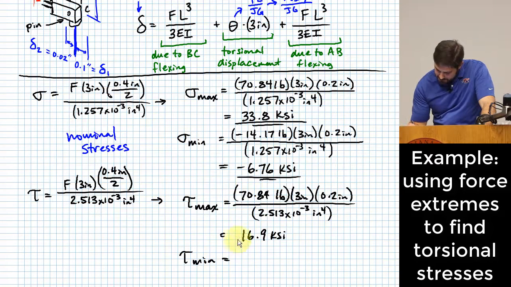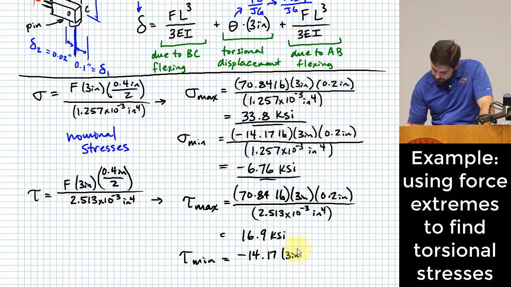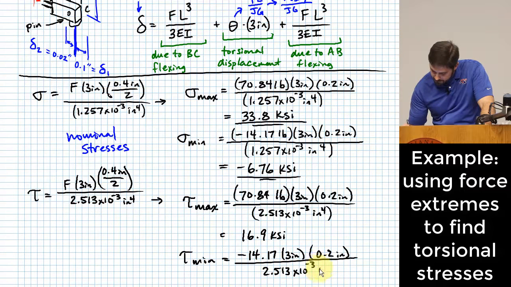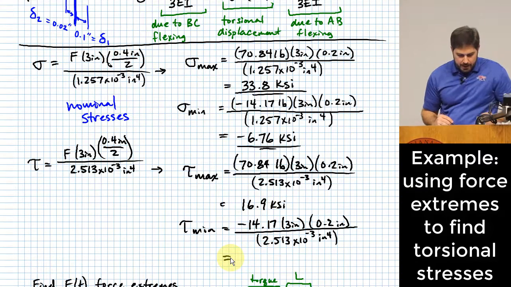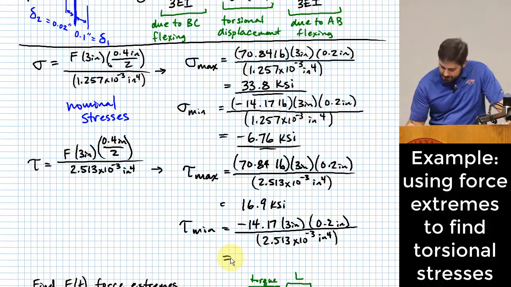The minimum stress is going to be the same idea, but minus 14.17 times 3 inches times 0.2 inches over 2.513 times 10 to the minus third inch to the fourth. And out of that, we get negative 3.38 KSI.